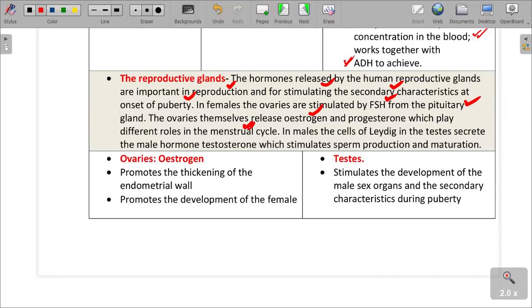In males, the Leydig cells in the testes, which are specialized cells, secrete the male hormone testosterone. Testosterone causes the secondary characteristic development that we are talking about, and also sperm production and what? And maturation. Sperms are produced and mature because of the testosterone hormone.